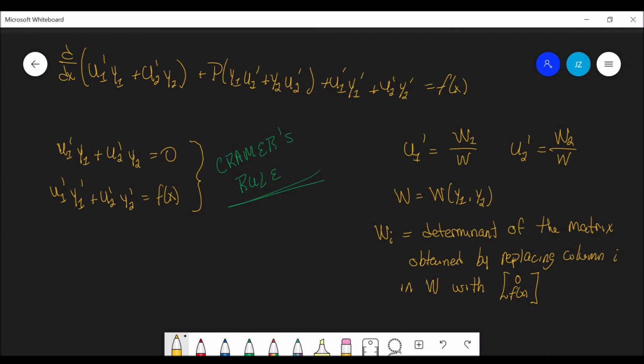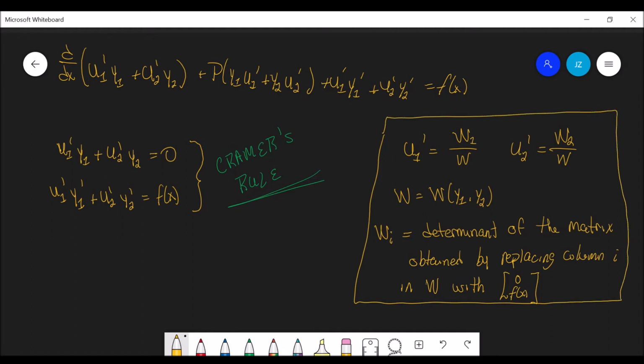We can then determine u1 and u2 by integrating u1' and u2' respectively. So we will look at a couple examples next to show how this process works out.